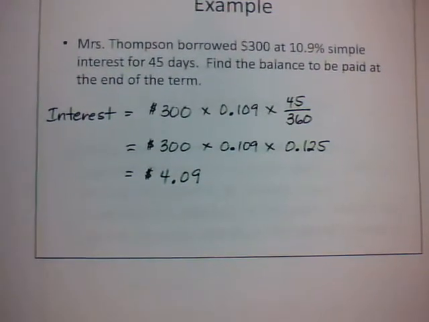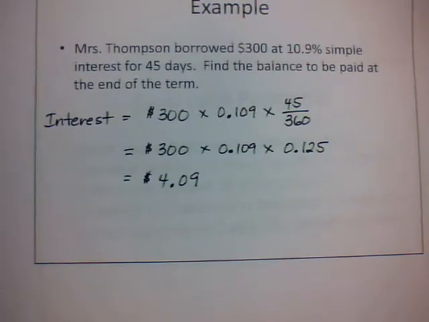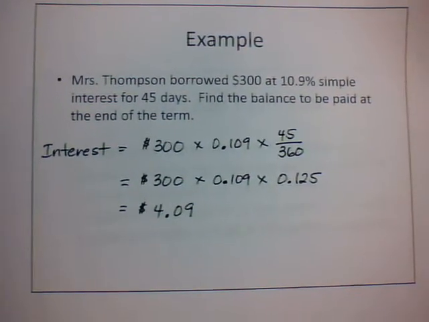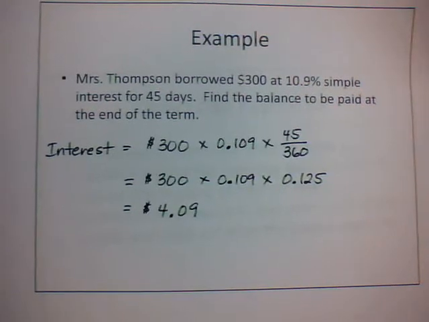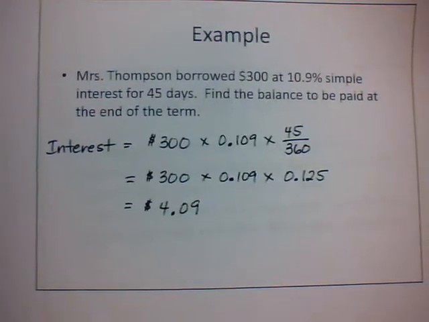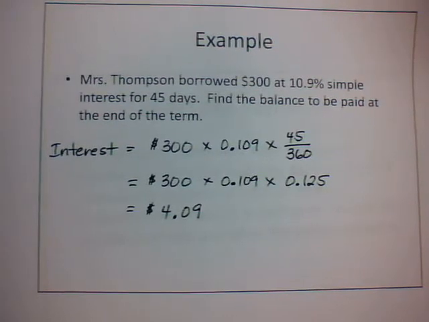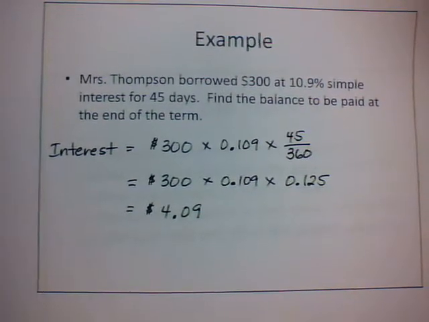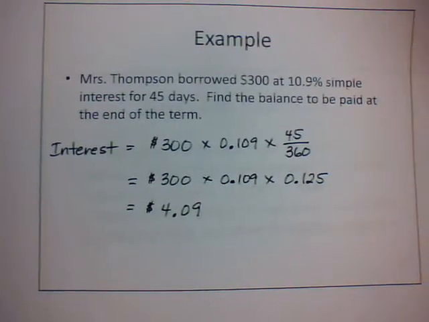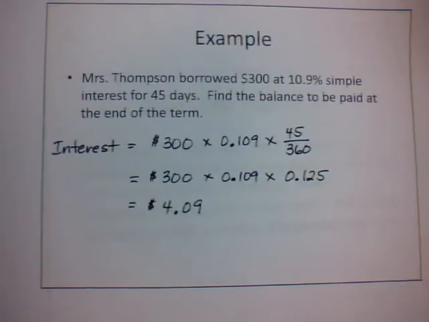Let's say that Ms. Thompson, in this case, borrowed $300 at 10.9% simple interest for 45 days. And we want to find the balance to be paid at the end of the term. In this case here, we're given 45 days as the time, so we'll have to take the 45 days and divide that by 360. We'll still use the simple interest formula of I is equal to P times R times T. So that's 300 times 10.9% as a decimal is now 0.109, multiplied by this time 45 over 360.